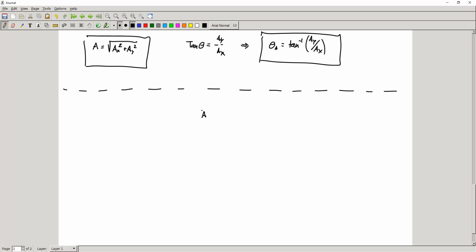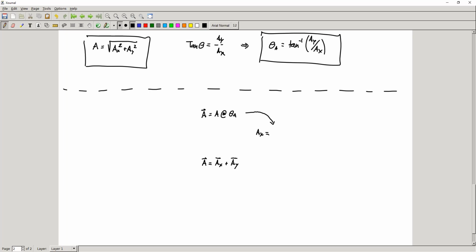Let's say we're given a vector written in the form of a magnitude a at some direction theta a. So the vector a has magnitude a and it points in direction theta a. If we then want to go to the vector a written in terms of a vector ax plus a vector ay, where ax and ay point in the x and y directions, then to get from here to here, we're going to go through these equations.